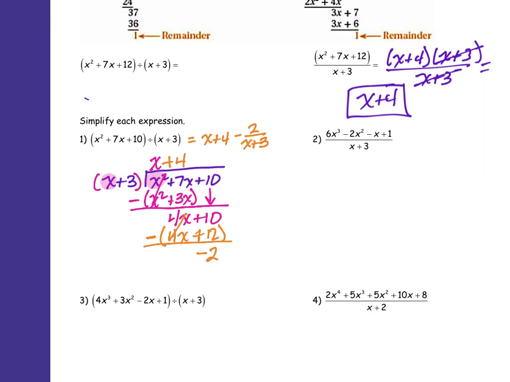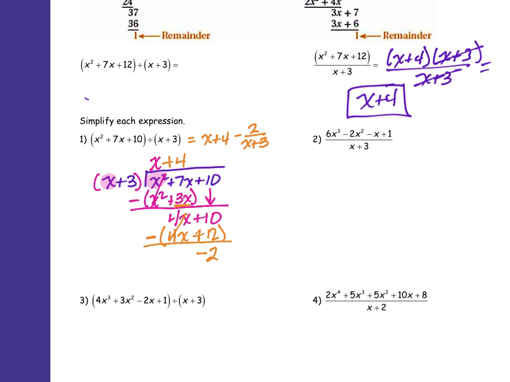Okay. So, when you did the 7x and the 3x, why is there an x there, but when you dropped the 10 down, you didn't put an x there? Why is there an x here with this 3, but not with the 12?